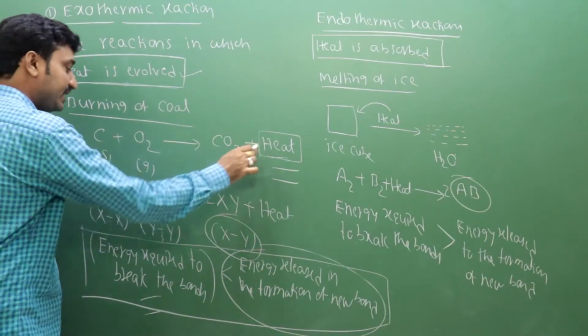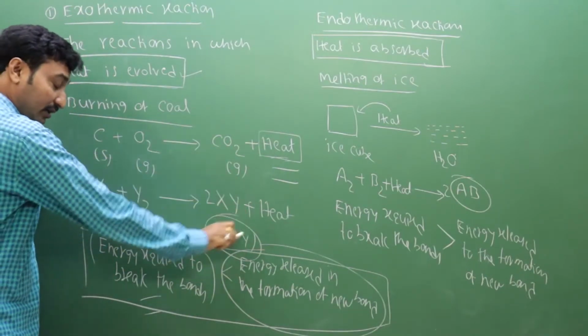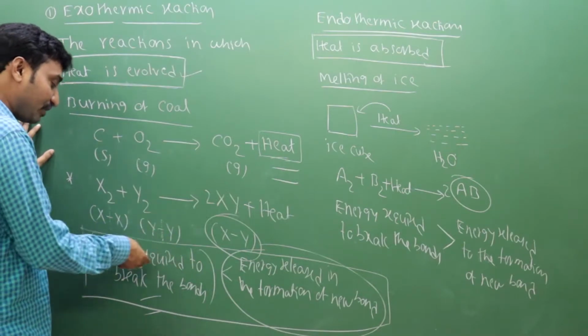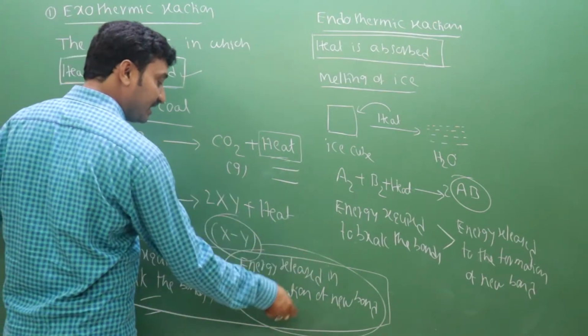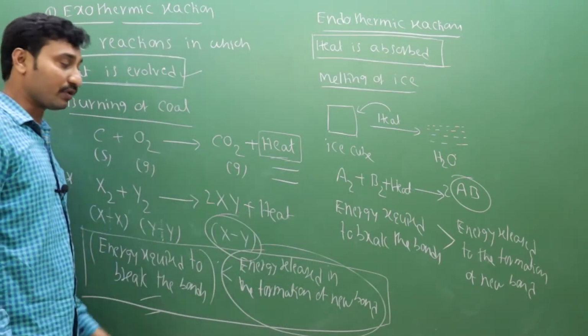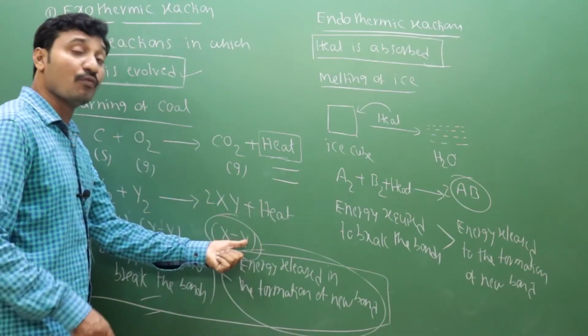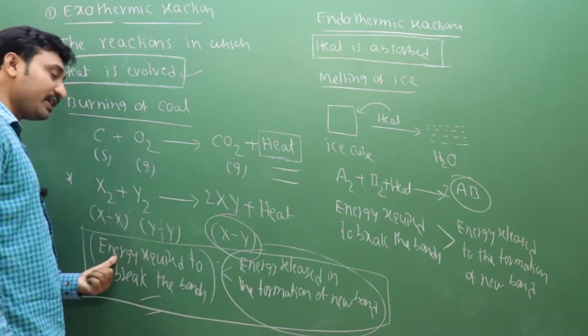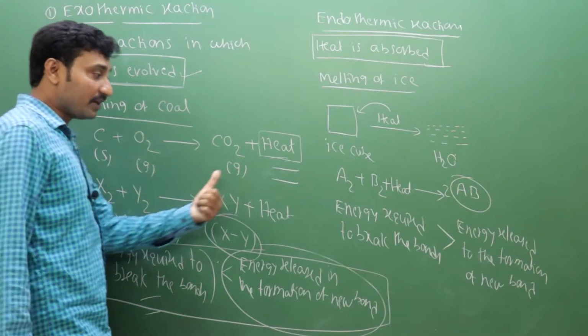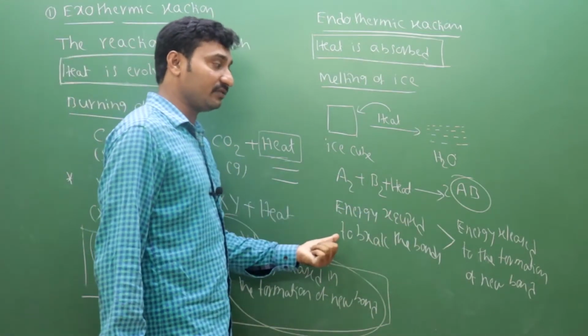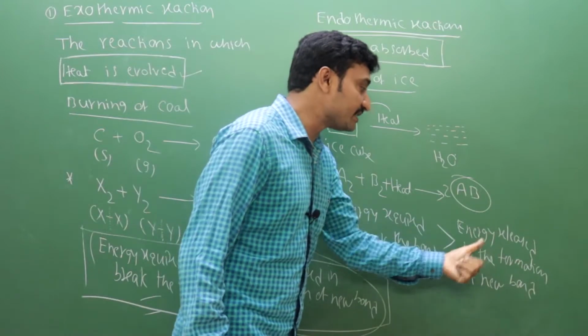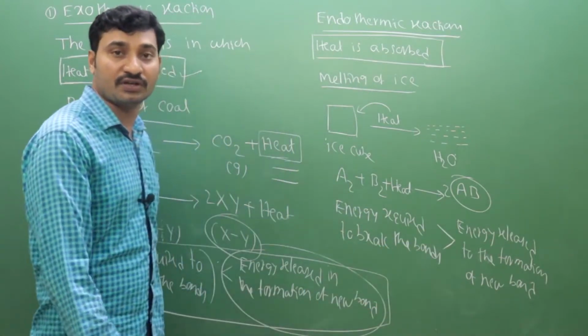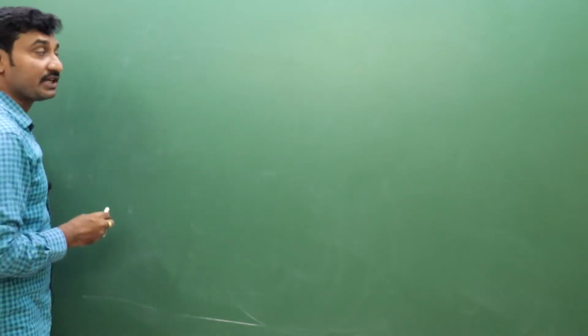In the exothermic reaction, the energy required to break the bonds is less than the energy released in the formation of new bonds, but in this case more energy is required than the energy released in the formation of new bonds. Got it? Next one. Generally, how can we write an exothermic reaction?